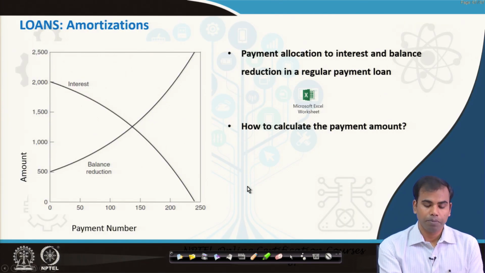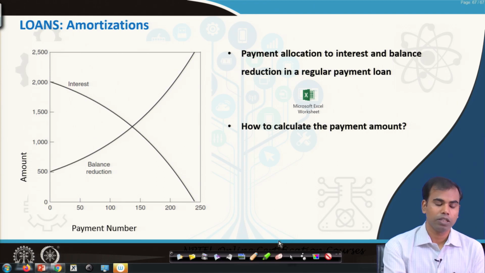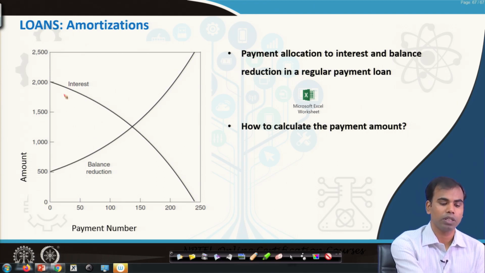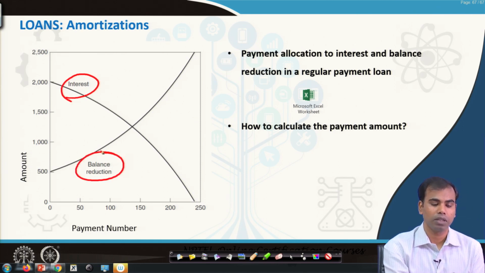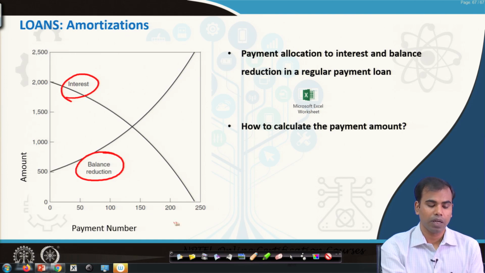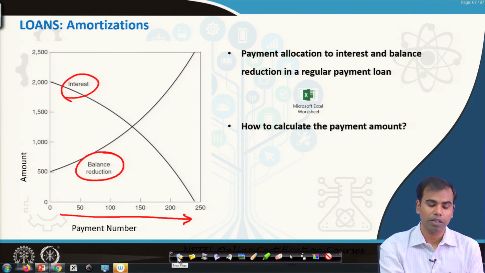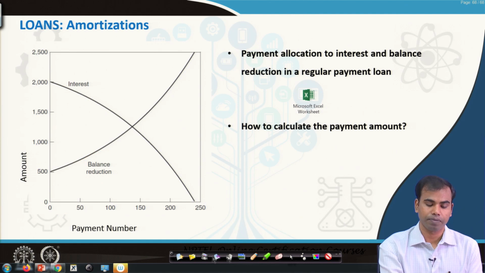This particular example shows this relationship between the amount of money going towards interest and the amount of money going towards balance reduction. They have negative relationship, and if it is very long period loan, it substantially changes the amount of money going towards interest payment at the later part of the tenure.